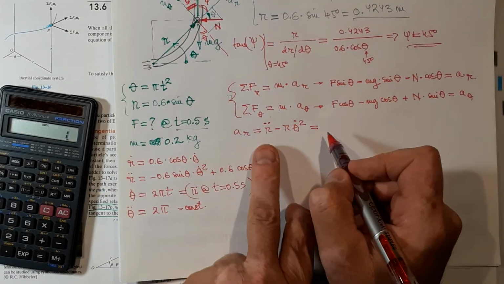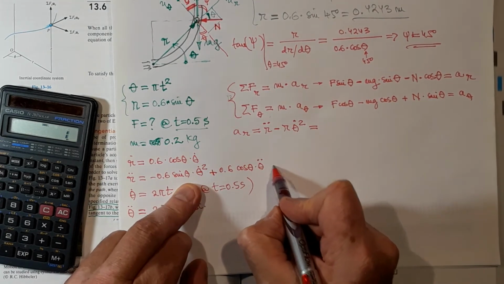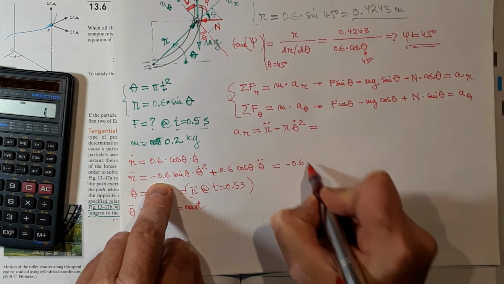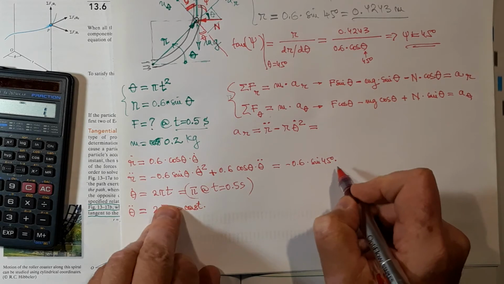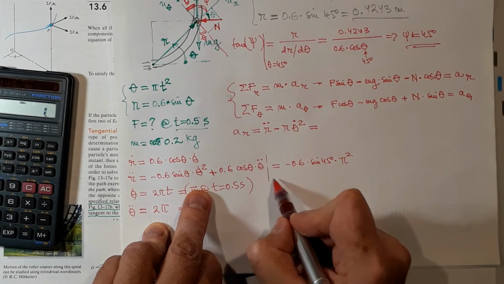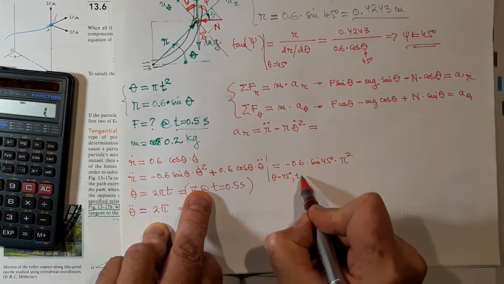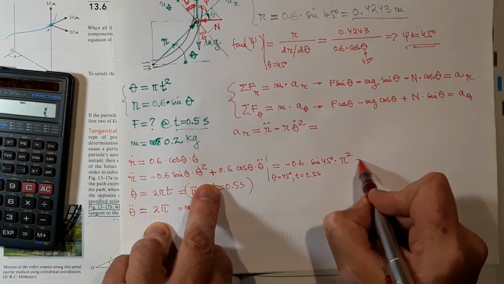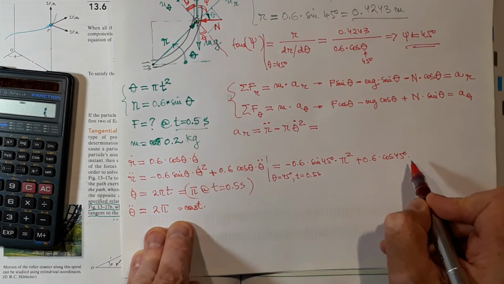Okay, so the r double dot now is going to be negative 0.6 times sine of 45 degrees times pi squared. So this is at theta is 45, t equals 0.5 seconds. And then plus 0.6 times cosine 45 degrees times 2 pi.